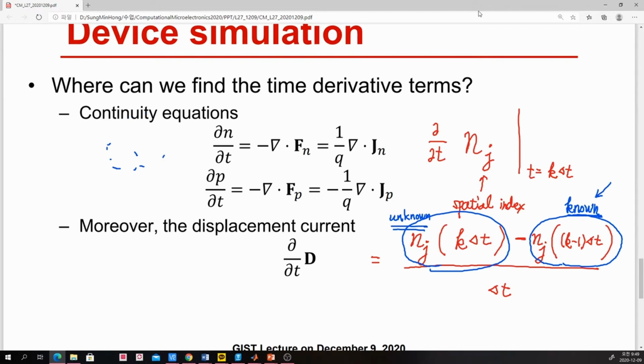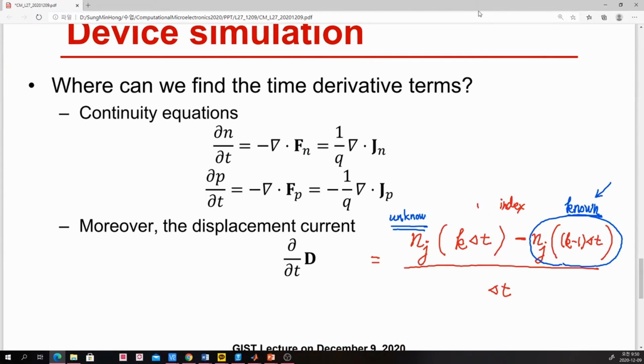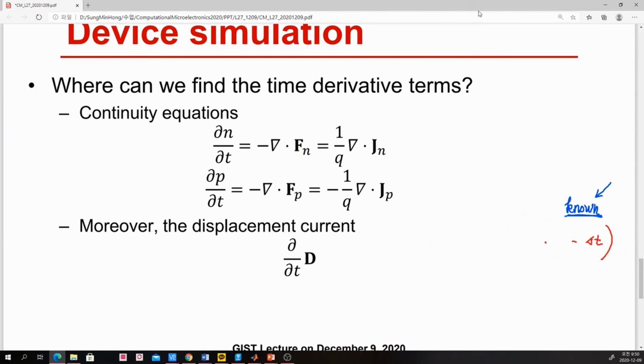Okay, then are you happy? But unfortunately, there is one thing we have to be careful about when we calculate the IV characteristics. You have to evaluate the displacement current.